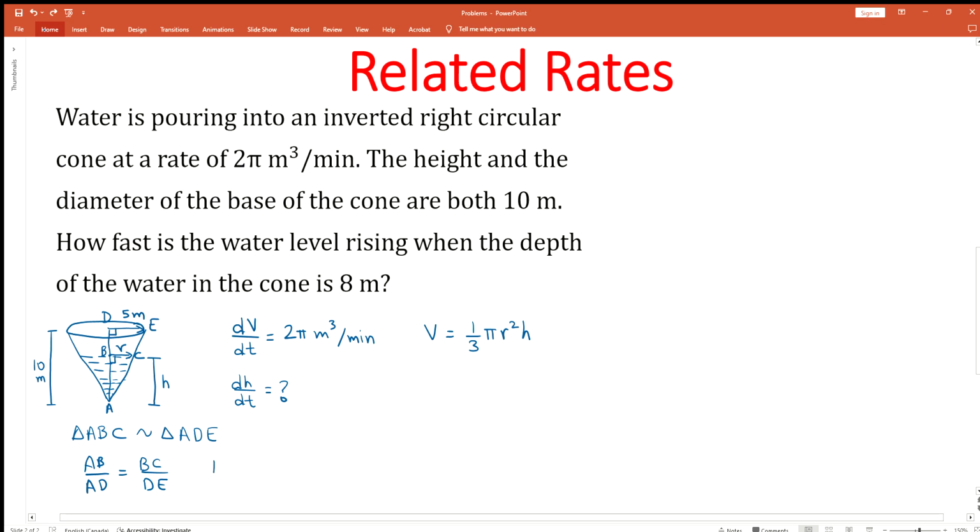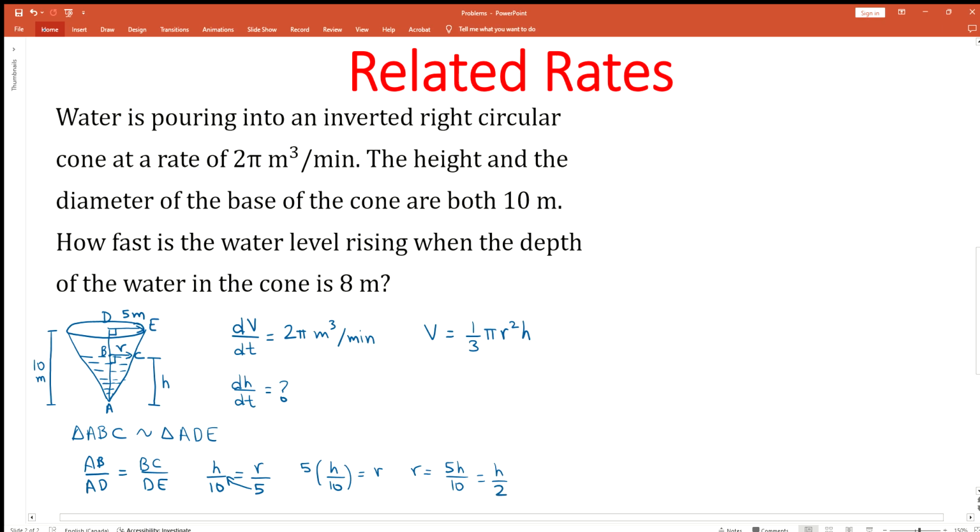AB is equal to h, AD is equal to 10, BC is equal to r, and DE is equal to 5. We can isolate r on the right side of this equation by cross multiplying 5 to the left side of the equation. 5 times h over 10 is equal to 5h over 10, which can be reduced to h over 2.